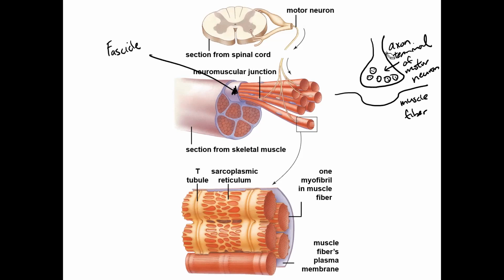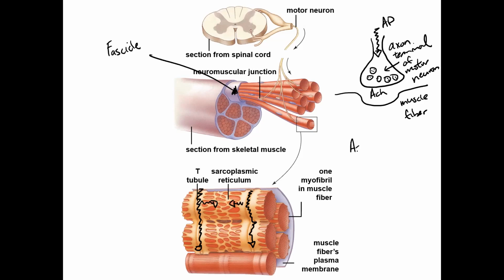So what happens is when the action potential comes, when the signal arrives, you will release the neurotransmitter, and the neurotransmitter is acetylcholine, or ACh. Acetylcholine will then create a signal that causes the impulse to spread down the T tubules, and the signal from the T tubules will cause the sarcoplasmic reticulum to release calcium.